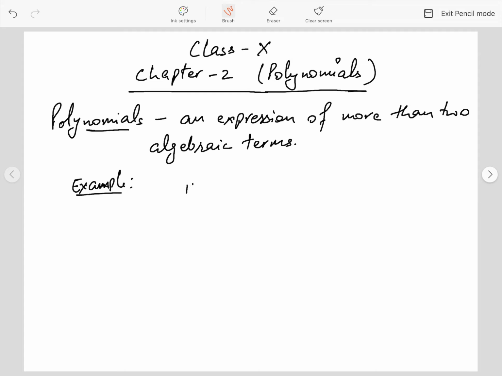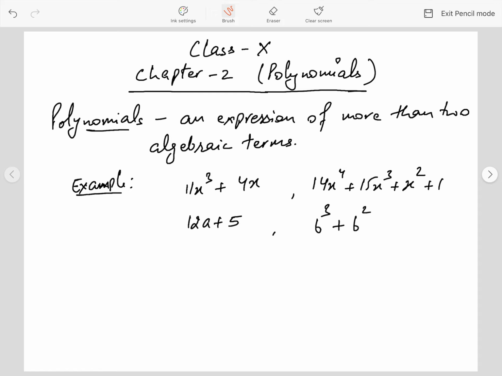Let us take some examples of polynomial. If I write 11x cube plus 4x, then 14x raised to the power 4 plus 15x raised to the power 3 plus x square plus 1, this is also a polynomial. 12a plus 5, then b cube plus b square minus 2b.